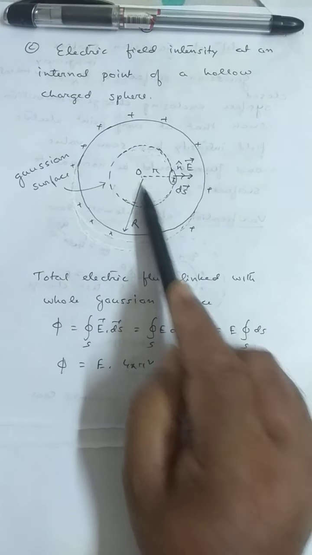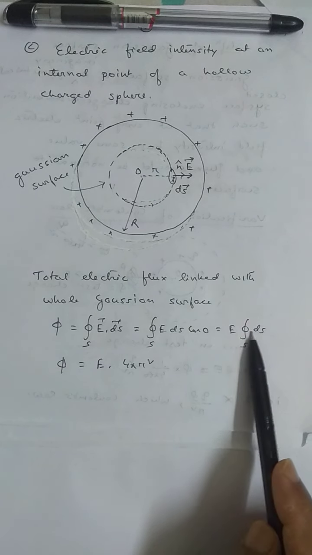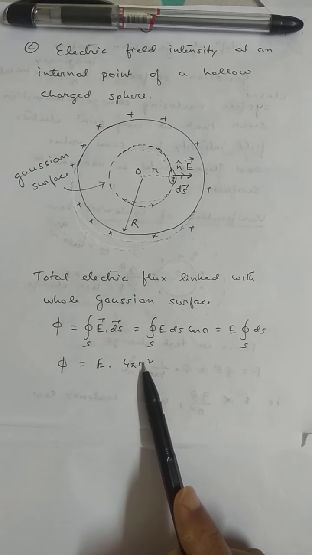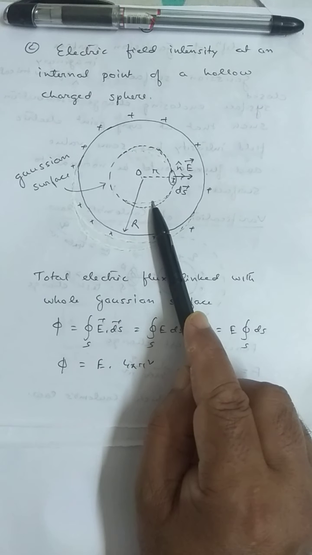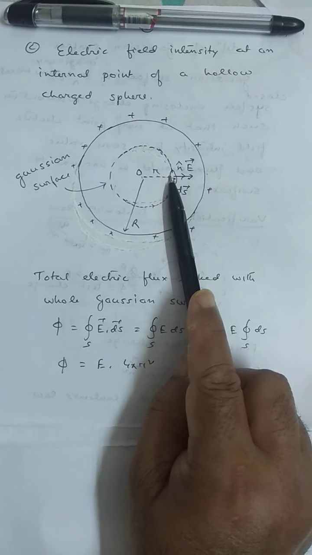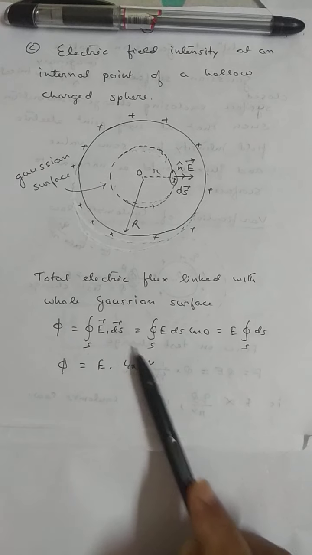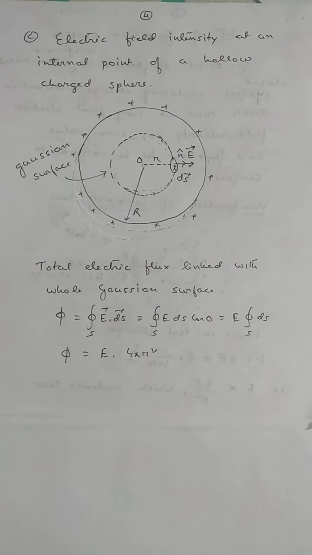These distances are equal, spherical body. What is integration of dS? Integration of dS is 4 pi r square. So what is total electric flux linked to the Gaussian surface through the internal point? It is E into 4 pi r square. This calculation is exactly the same as the previous calculation for the external point.